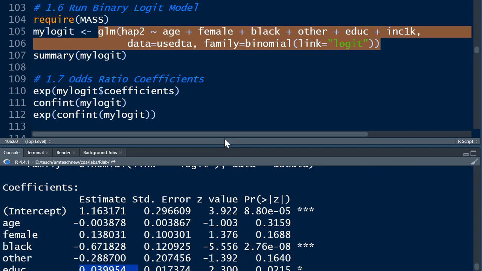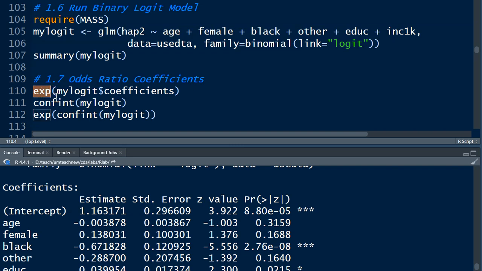Well, we have to turn to what is called odds ratio coefficients. So how do we produce odds ratio coefficients? We take the exponential function of these raw coefficients. We exponentiate the coefficients in this estimation object, mylogit, by applying this exp function.